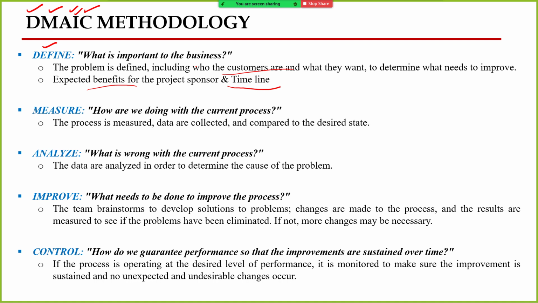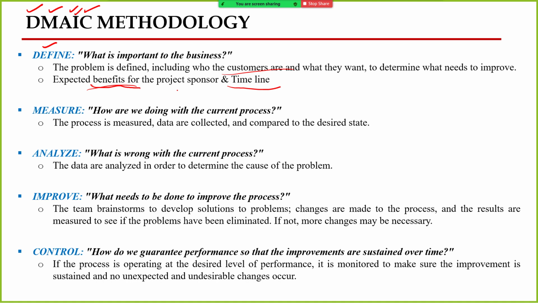To answer how long it will take to complete the project, we use the Gantt chart or the CPM method from project management. We also use financial management measures such as net present value or payback period to know how much benefit we are getting after completing this project. So basically, in the define phase, we are trying to answer what benefit we get after implementing this project in terms of customer satisfaction and the financial perspective.